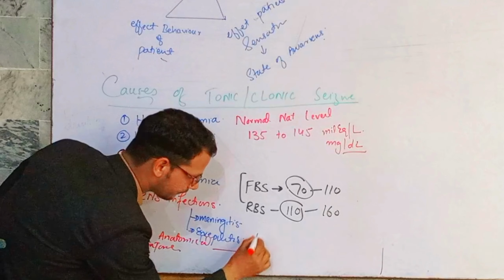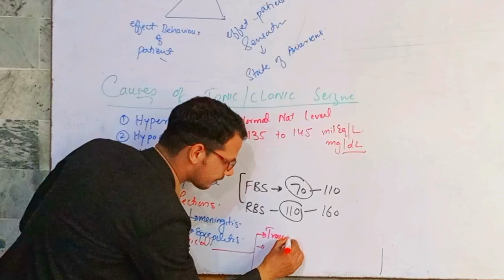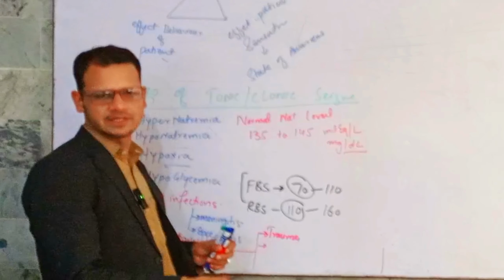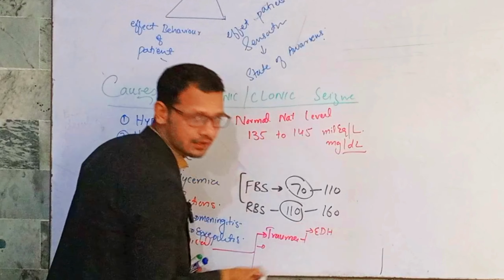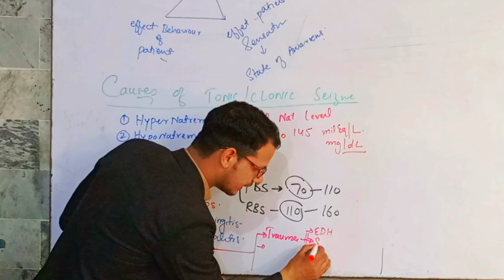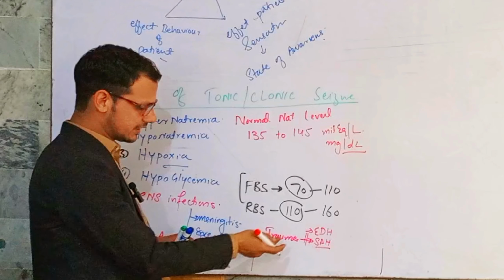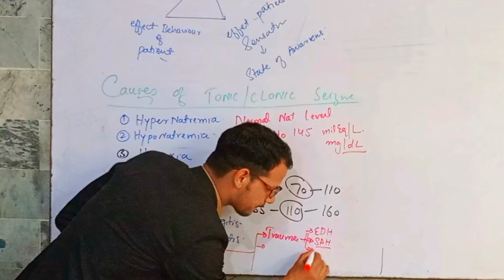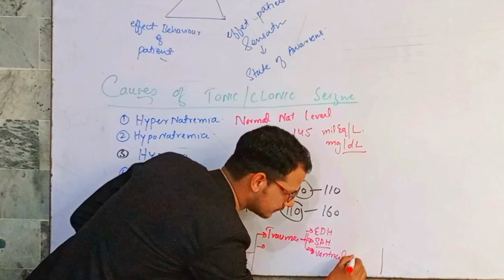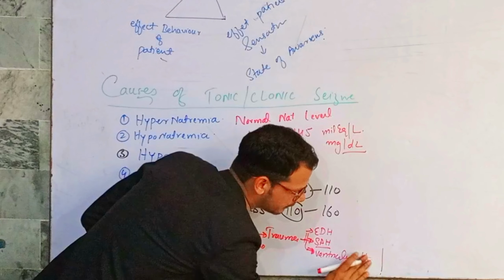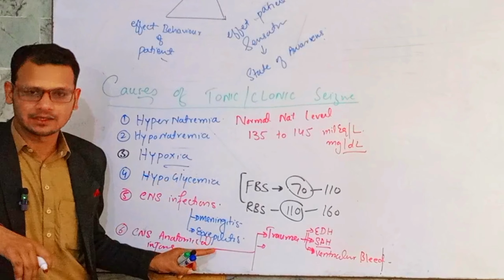For example, we have trauma. Trauma will cause EDH, extradural hematoma, SDH, subdural hematoma, subarachnoid hematoma, and ventricular bleed. These are the traumas of the brain, right?